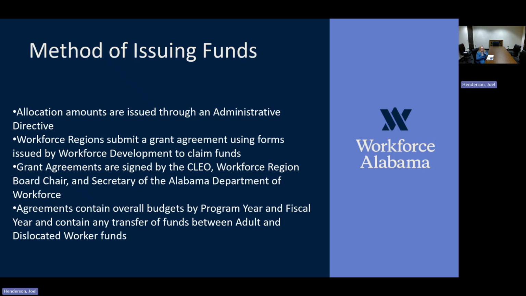They are signed by the CLEO and the Workforce Region Board Chair on the region side, and then the Secretary of the Alabama Department of Workforce as acceptance for the state board and the Alabama Department of Workforce. These agreements contain just overall budgets. They're broken down by program year and fiscal year. They tell us if any funds will be transferred, but they don't really get into how the funds will be spent.